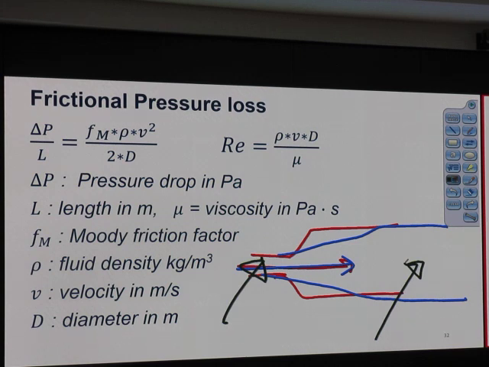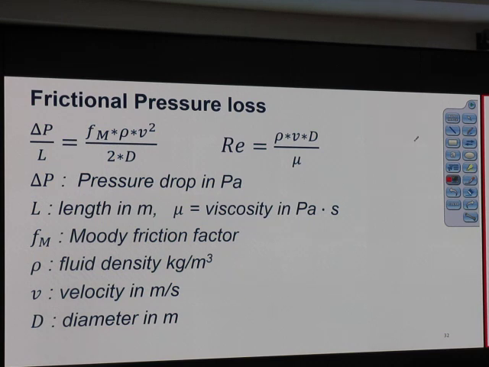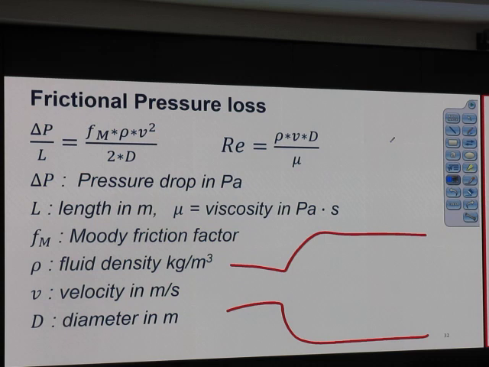lifts up. Same way over here, when there's this expansion, there's a gradual change of the velocity. Velocity going down, there's a deceleration. Velocity going down, right? When velocity goes down, we can gain pressure. At the same time, if we have this kind of pipe shape, the fluid coming in, this is expansion, but it's sudden expansion, it expands right away.